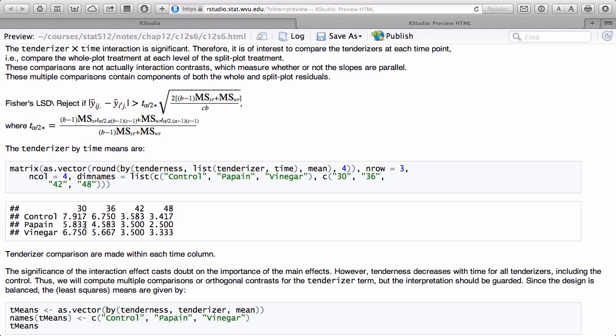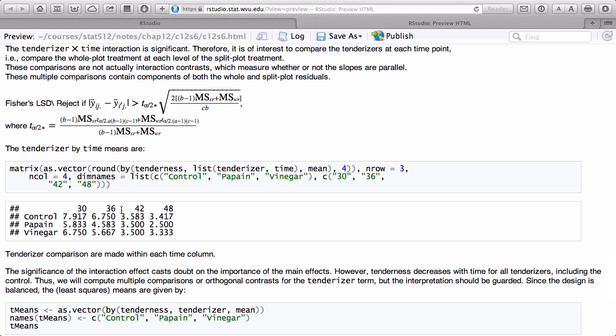So at any rate, what I have done here below is I've calculated the means right here. I'm making a list, and I'm calculating the mean of tenderizing in time.